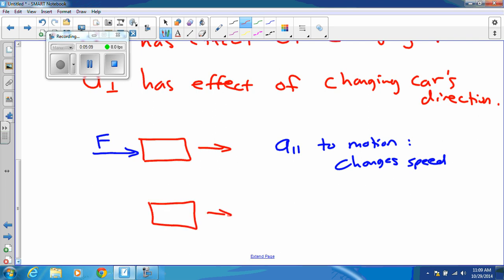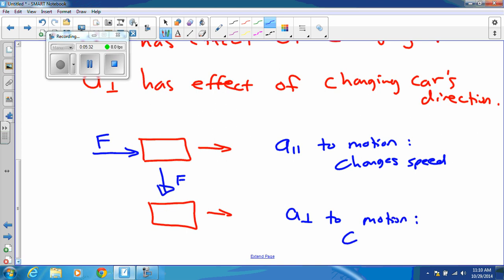But now I want to consider a separate situation in which we have the car going forward like so. And now another car comes along and hits it from the side. And when it hits it from the side, what it's going to do is not change the car's speed, it's going to change the direction in which it's moving. It's going to bend it down, bend the motion down.